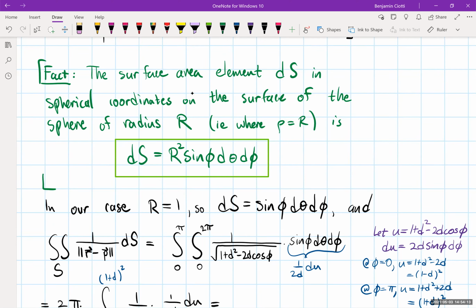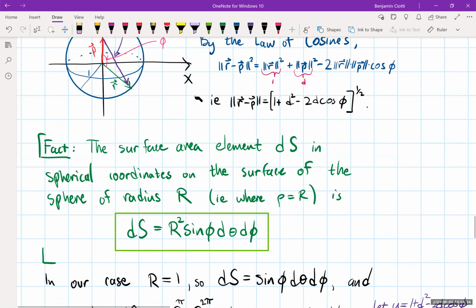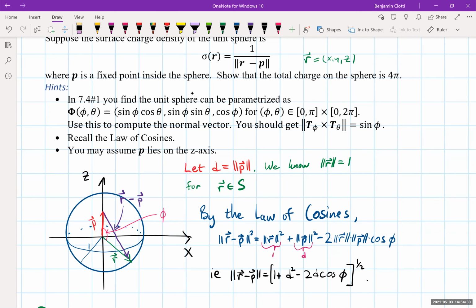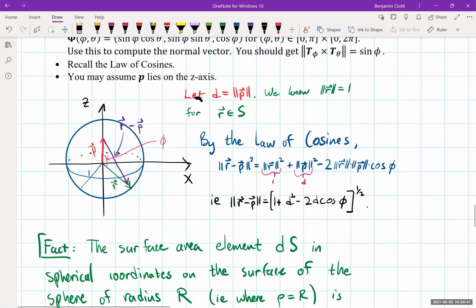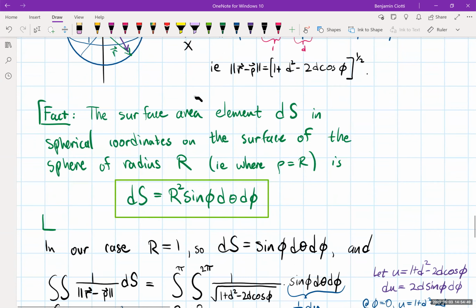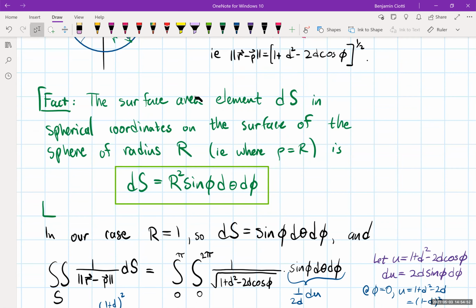It's actually in a homework problem, I think, from 7.3, or 7.4. I don't actually remember if you do the computation in this problem. Either way, you should try the computation at some point, but you should also just know this formula. So this is the surface area element that you'll be free to use.